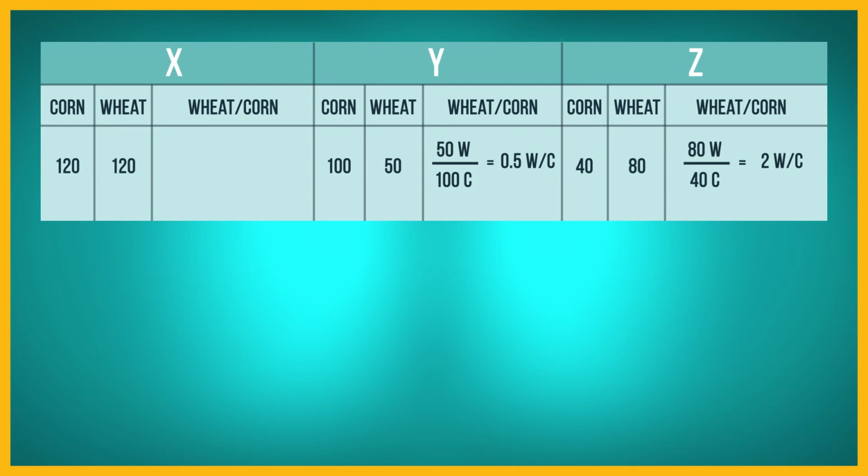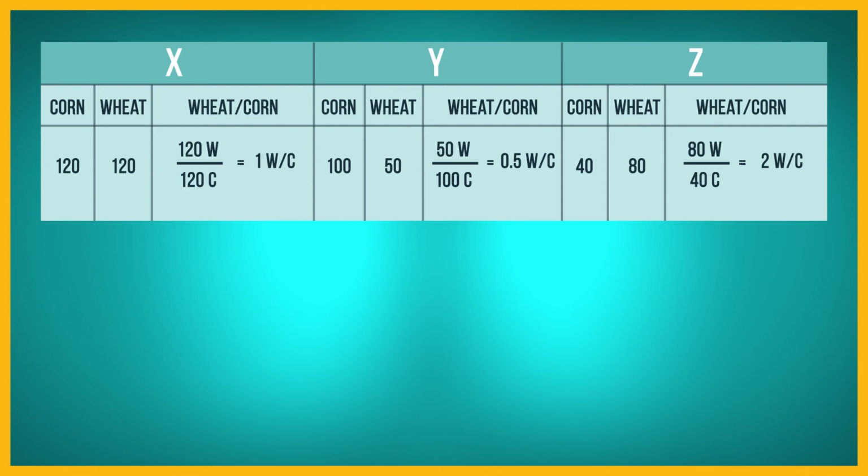Therefore, when X grows corn instead of wheat, we grow 120 bushels of corn, but give up 120 bushels of wheat. 120 bushels of wheat divided by 120 bushels of corn equals 1 bushel of wheat divided by 1 bushel of corn, or 1 bushel of wheat per bushel of corn.